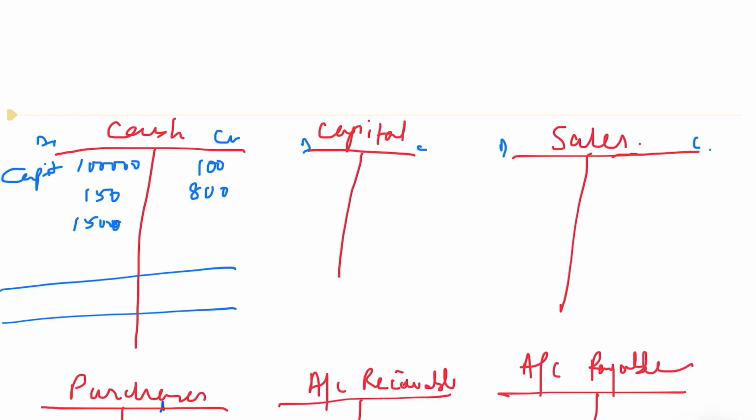Now here, as you can see, we have to write the balance. So here, as we know that the debit side is the heavy side, right? So the total balance of this debit side is 1,01,650, right? On the credit side, we also write the same amount, the heavy side amount.